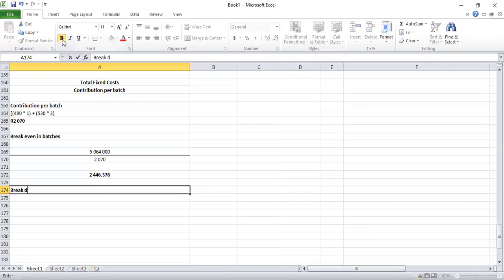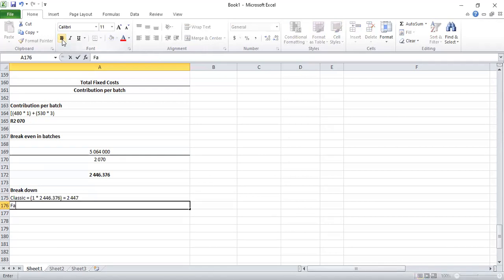We know that in each batch there's 1 unit of classic. So classic would be 1 times 2446.376. We get 2447. Then fashion would be 3, that is the sales mix, my 1 and my 3 coming from the sales mix, multiplied by 2446.376.